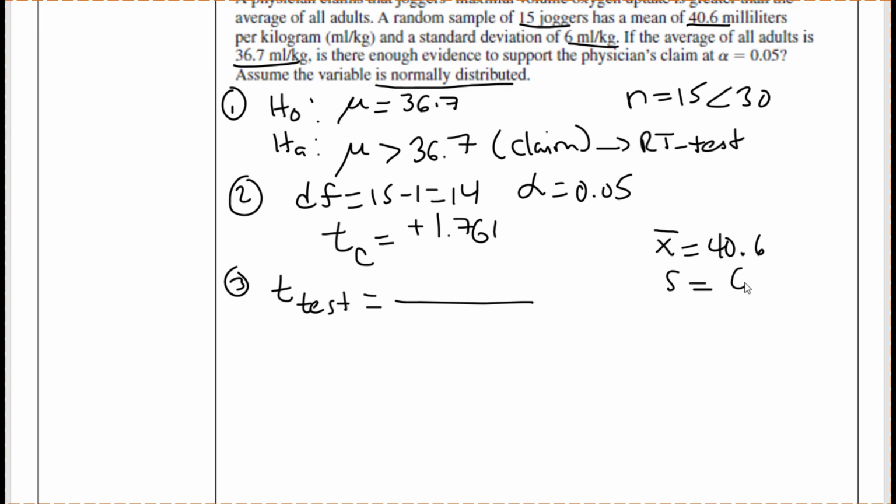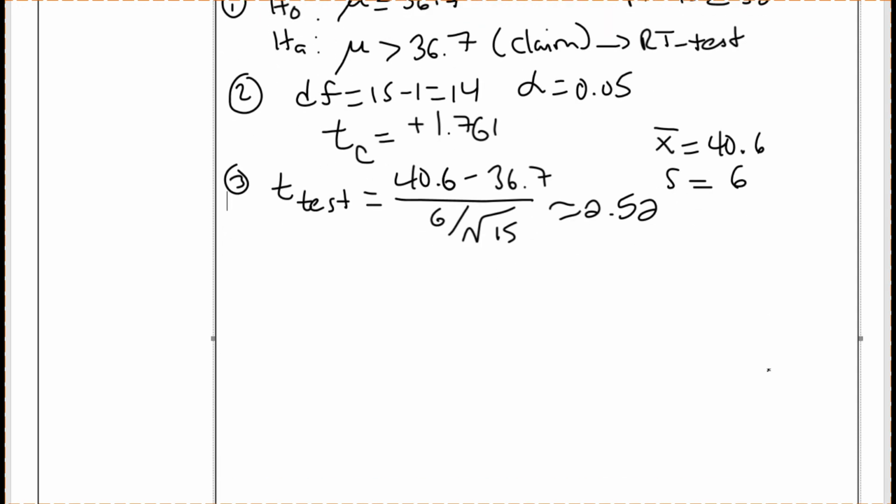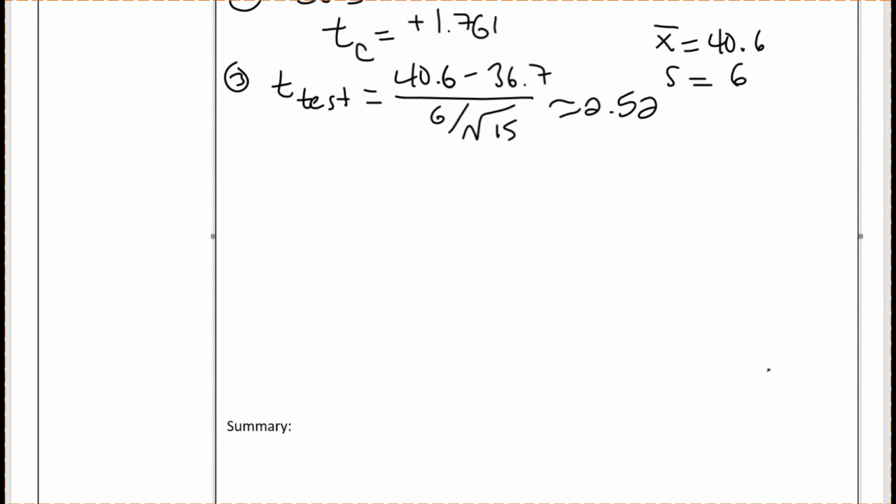So we have 40.6 minus mu, which is 36.7, over 6 divided by the square root of 15 joggers. If we plug it in the calculator, we get about 2.52 for our t-test.